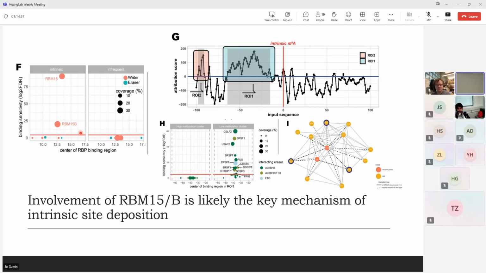So our hypothesis is that there might be some other RBPs affecting the methylation level among the intrinsic sites. So we grouped them into high methylation versus low methylation, expecting to see different binding between the high and low methylation groups in these high attribution score regions.